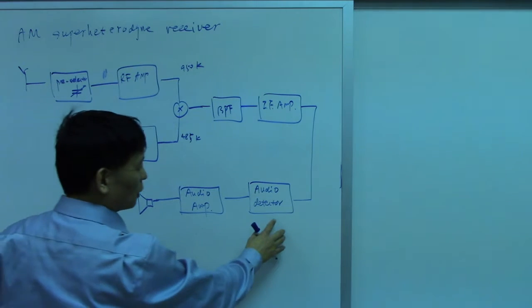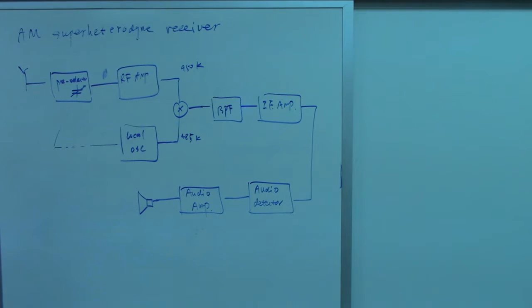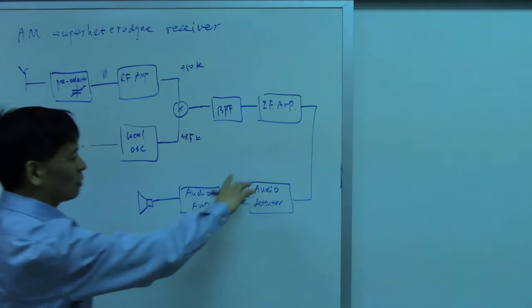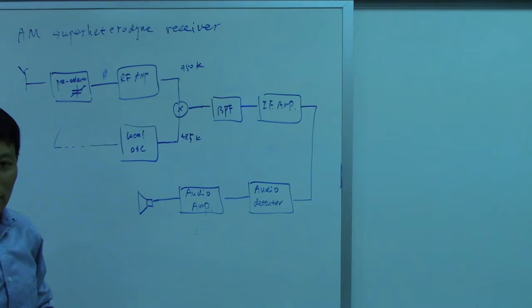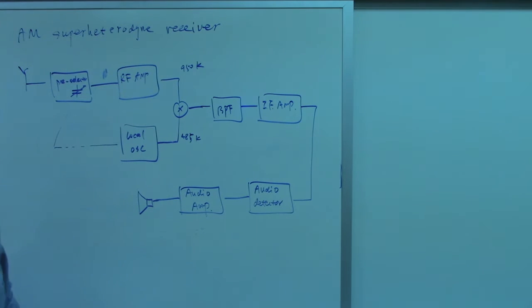Then we have the audio detector. The audio detector actually is only a demodulator here, and so actually is again a multiplier mixer. Then we use the audio amplifier to drive the speaker so you can hear the signal. Okay?